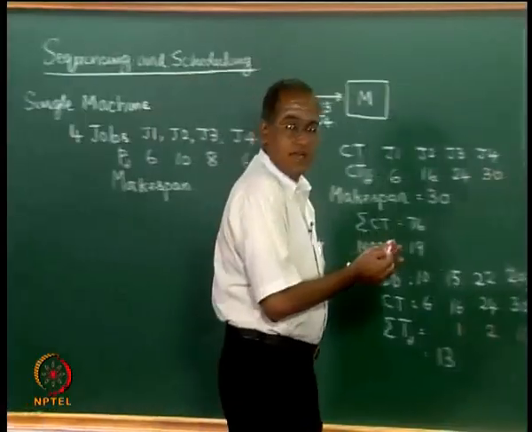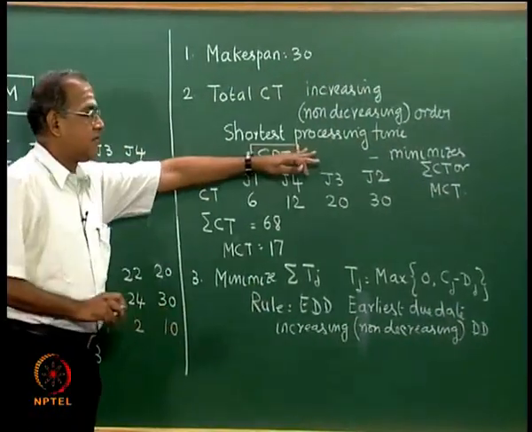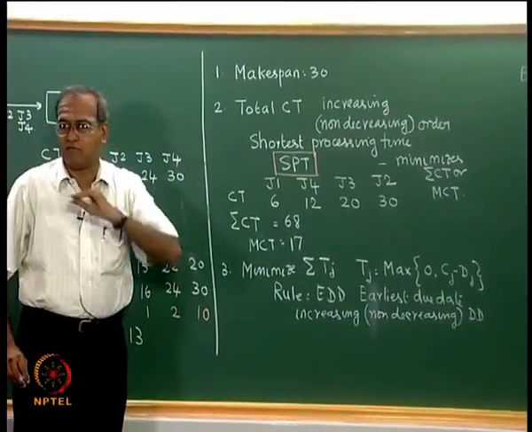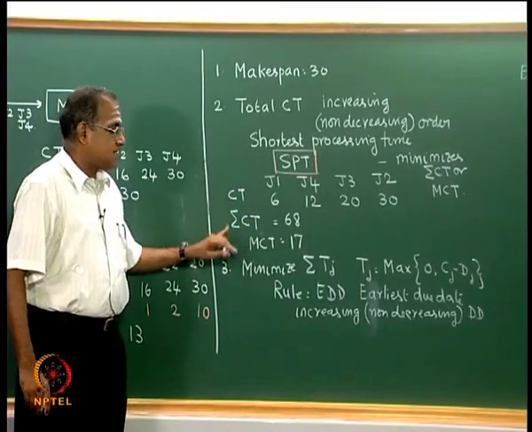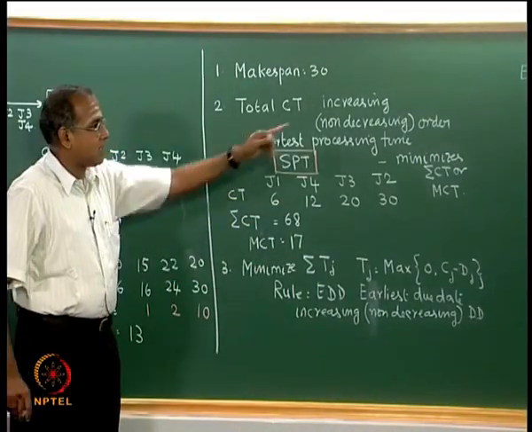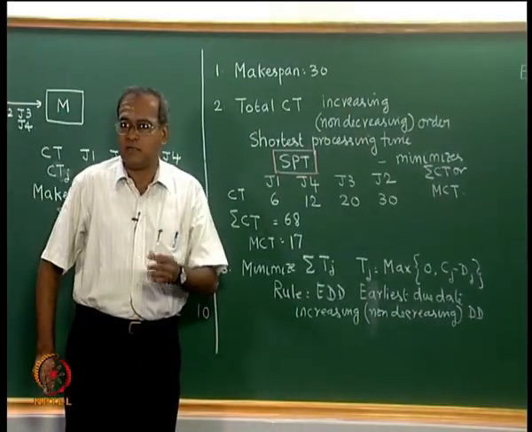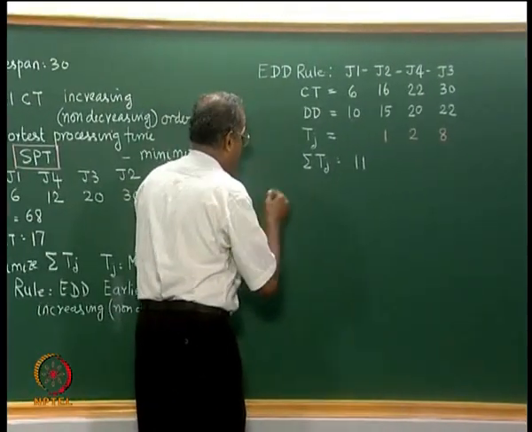The only difficulty here is that while we can say confidently that the shortest processing time will always give the minimum value of sigma Ct, we cannot say that the EDD rule is optimal to minimize the total tardiness. So, EDD is not always optimum.